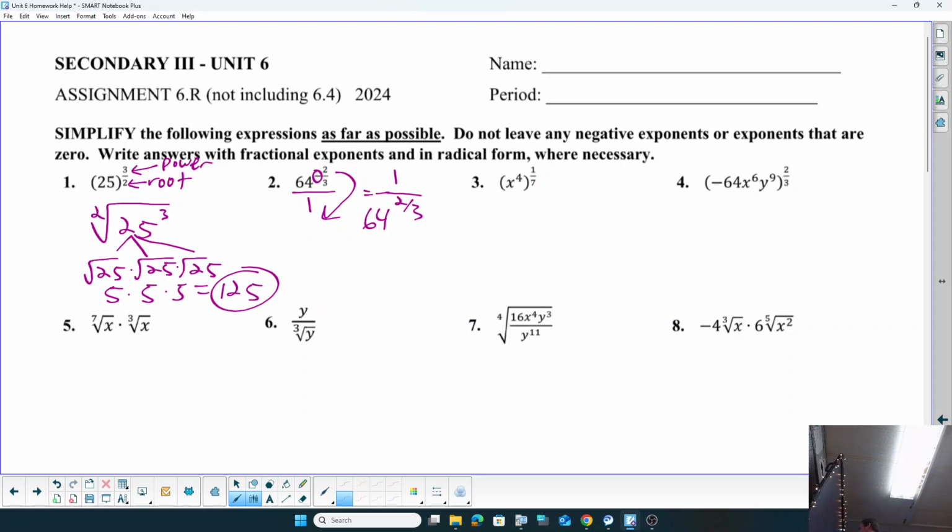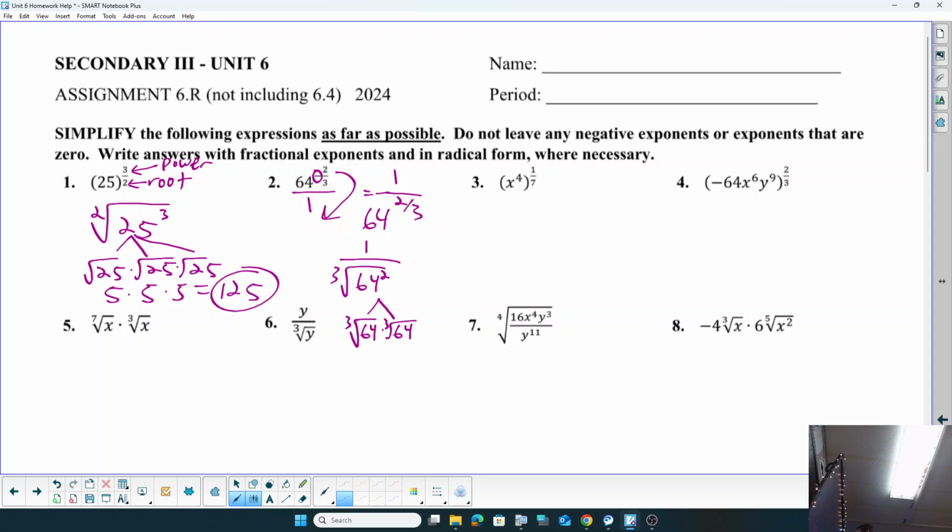So then we get 1 over, the root is the third root, and we have 64 squared. Well, 64 squared, that means we have 2 of them. And if we have 2 of them, that means that we could have the cube root and the cube root, because there's 2 of them.